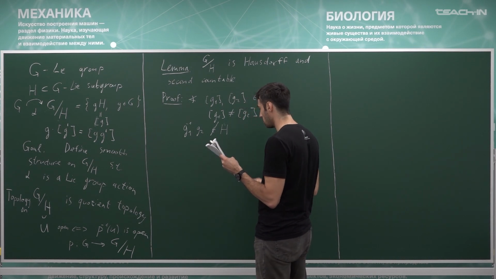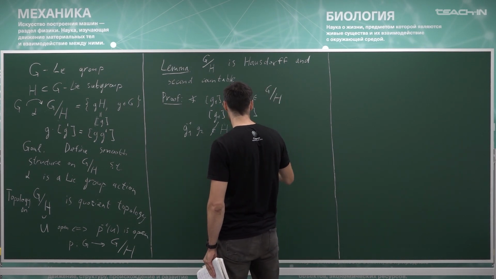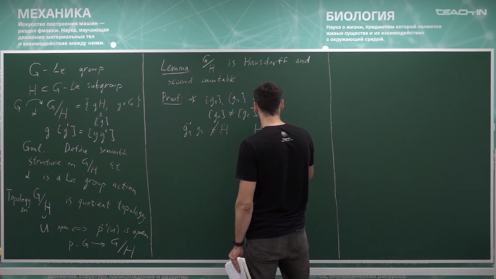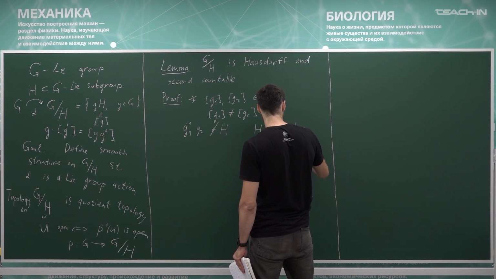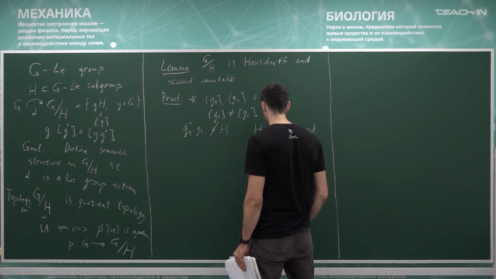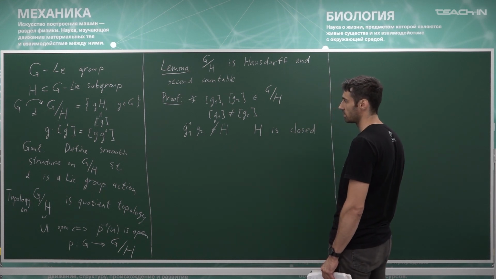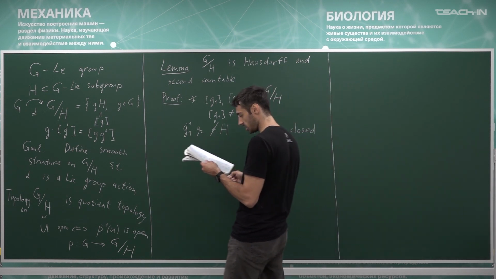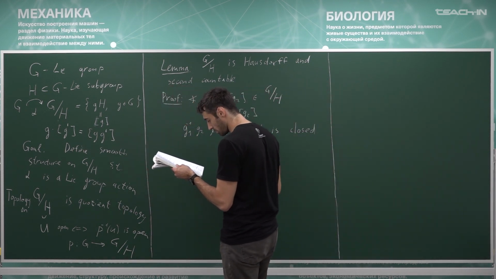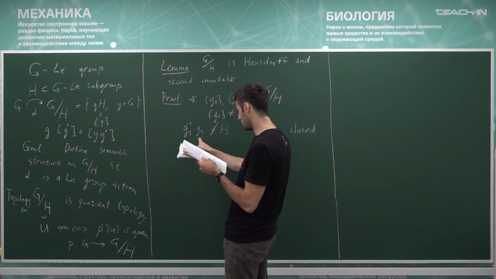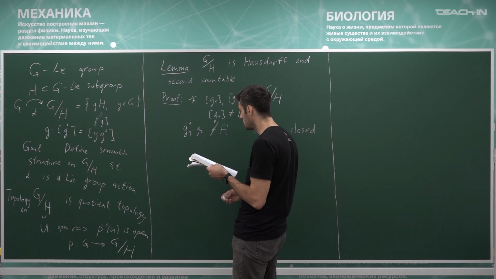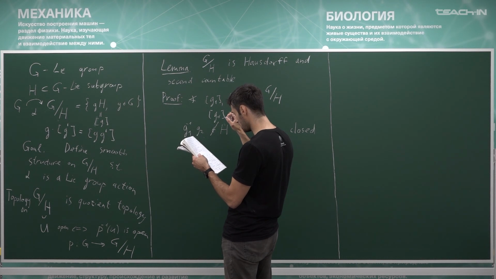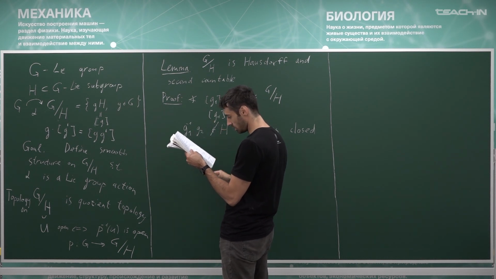It's important. Moreover, we proved in the last lecture that H as a Lie subgroup is closed. It means that G minus H is open, and this element lives in G minus H. Therefore there is some neighborhood in G minus H of this point, right?